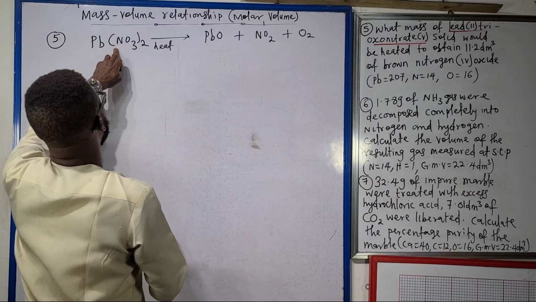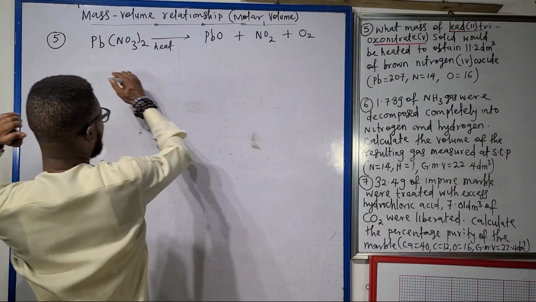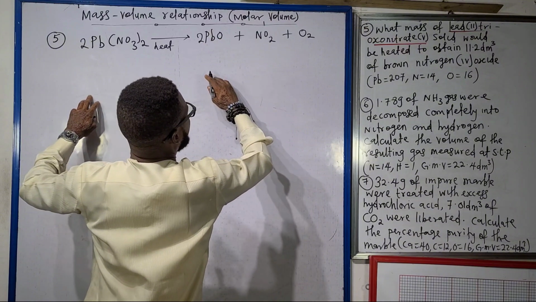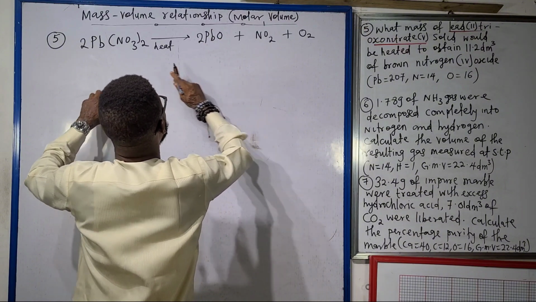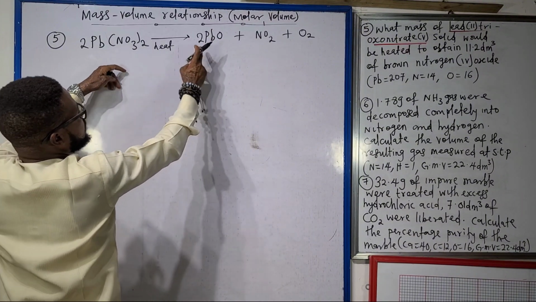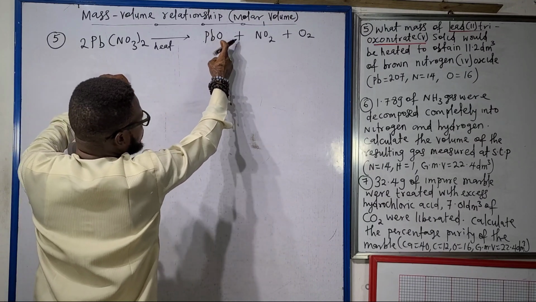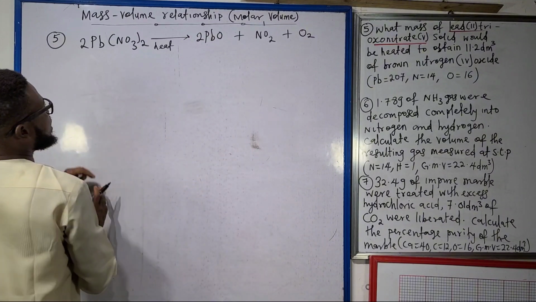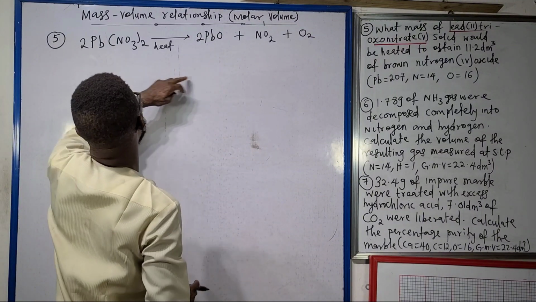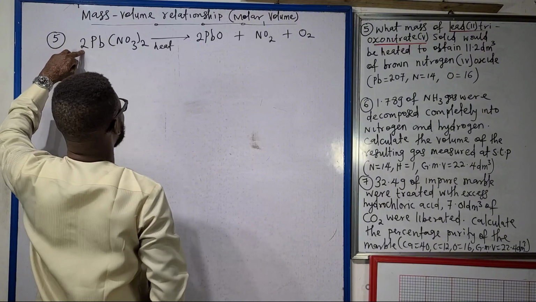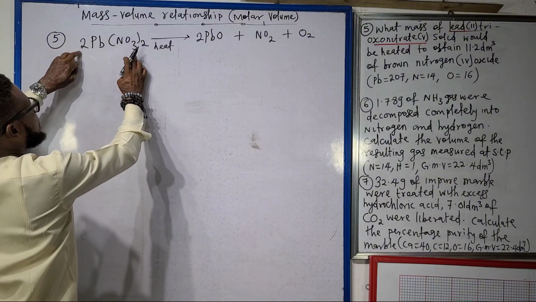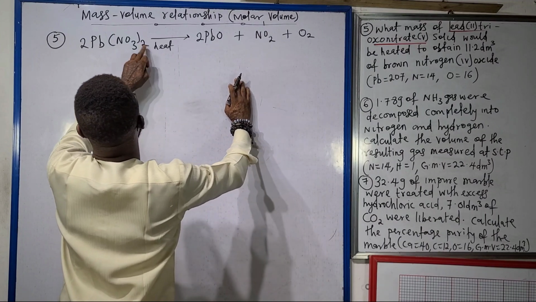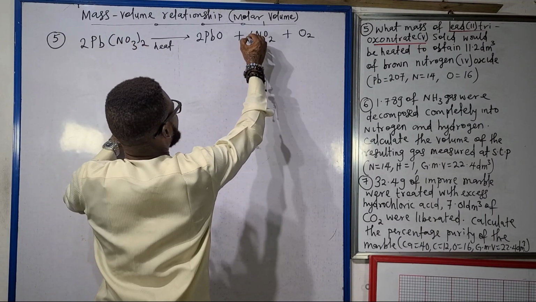If I put 2 here, this makes this 2PbO, and because this is already even, 2 times 3 is 6, if I don't put 2 here, that makes this odd. So that's the starting point. I decided to put 2 here, and since I put 2 here, I have to put 2 for the lead. So when I look at it, 2 times 3 times 2, that makes it 12 oxygen. For now, I have 2 oxygen here. 2 nitrogen times 2 nitrogen, that's 4 nitrogen.